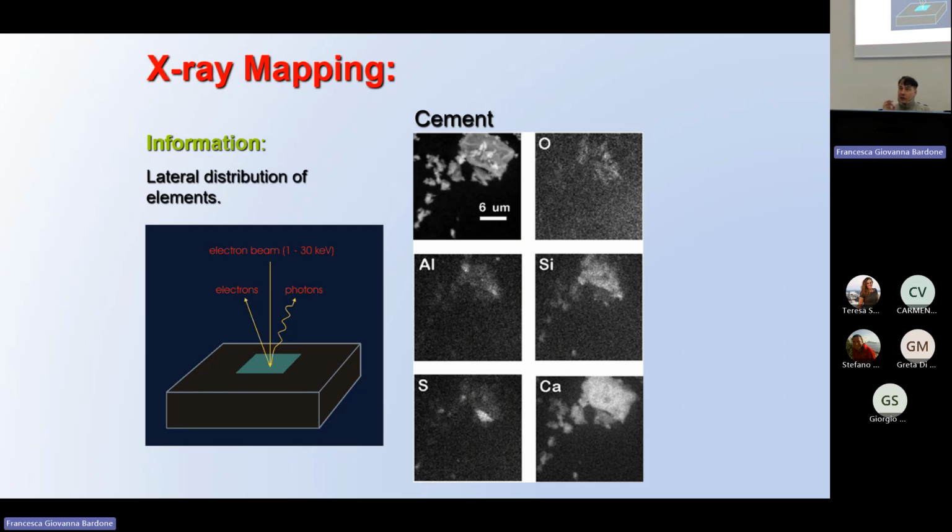They use electrons to ionize, to have X-rays for chemical purposes. The work of the Cambridge group was only for morphology and information on the structure of the material. Now both kinds of information can be put together, and if you want quantification at a high level, you need standards.